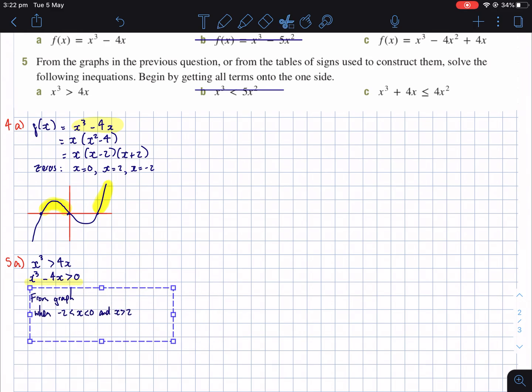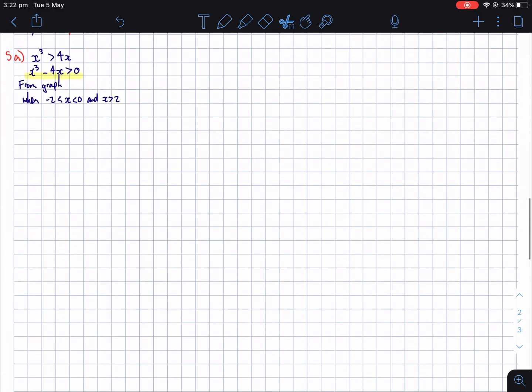Now we didn't have to use the graph. If we'd come to this question and hadn't graphed it, we still would have factorized it like this, but we would have done a table. So we would have still gone to x outside of x take 2, x plus 2 greater than 0.